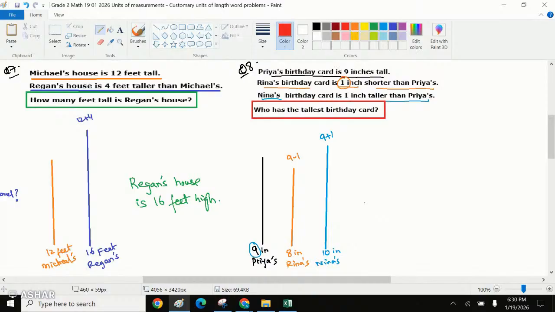And for Nina, that was 1 more than Priya. That means 9 plus 1 is 10, right? So we can say Nina has the tallest birthday card, right?